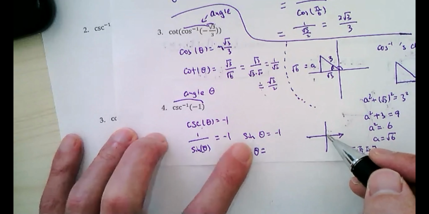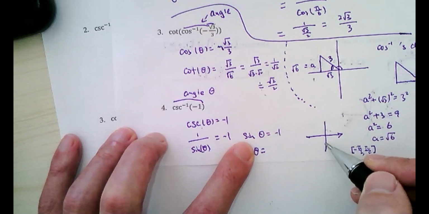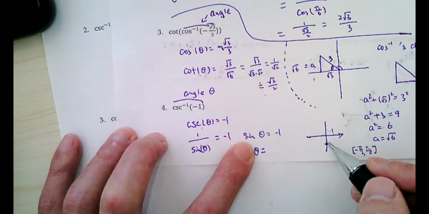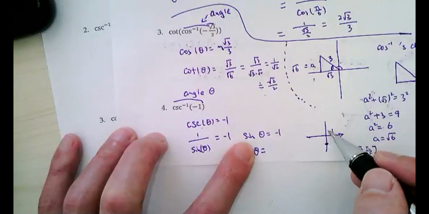And again, sine theta corresponds to the y value. So what kind of angle corresponds to the y value -1? It is here, right? So what is this angle? 3 pi over 2? This is negative pi over 2. Oh, sorry. Thank you for trying. This is where it is defined, and only on this side.